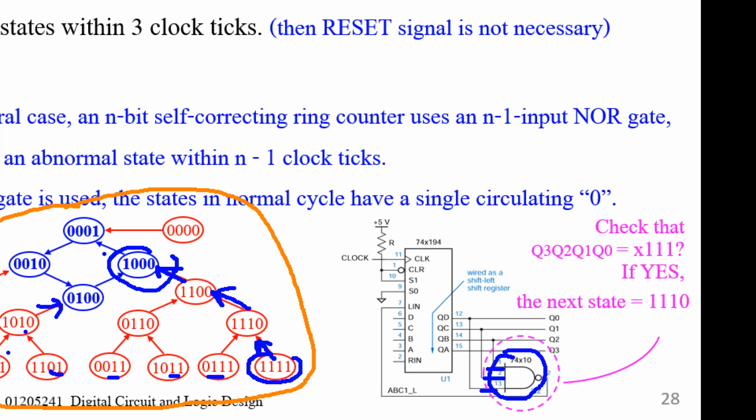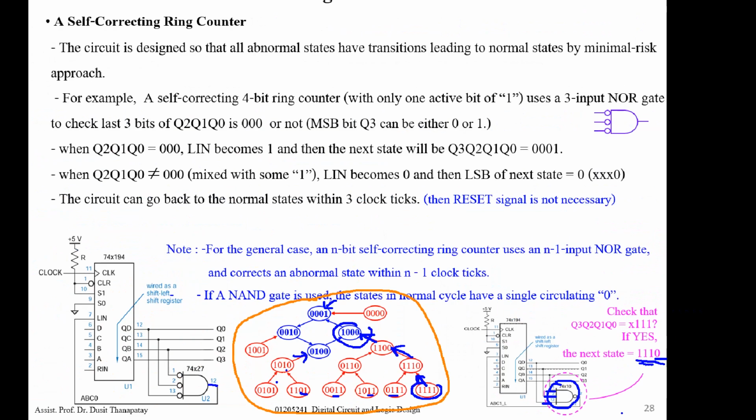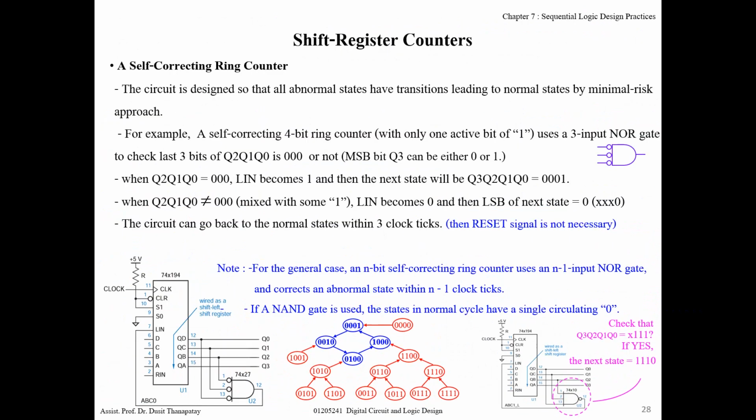For the normal state there is only 1 bit of 1, but for this one there is only 1 bit of 0. Another one is 111. It's different.